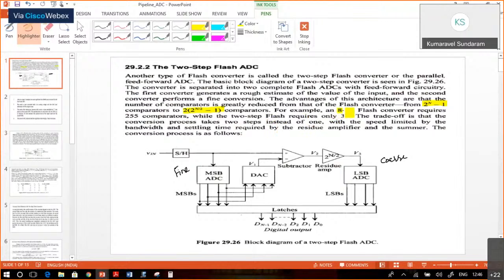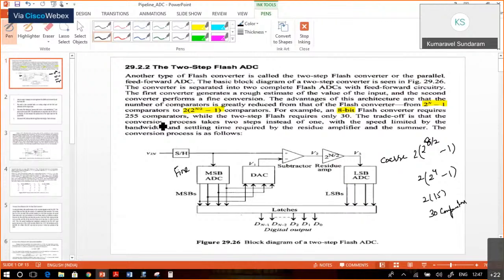So for 8 bits, 2 into (2 power 4 minus 1), so 2 into 15. Only 30 comparators are required.